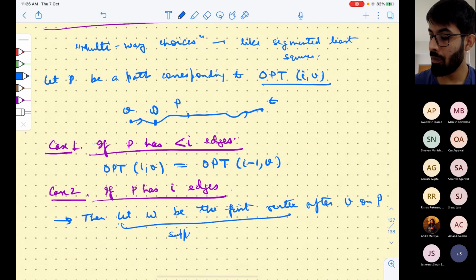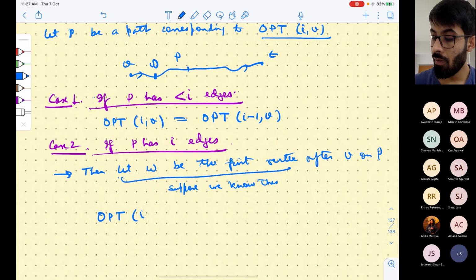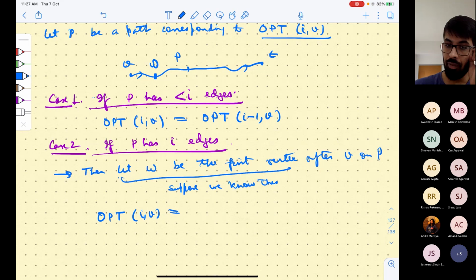Then can we write what it is? Cost of v comma w plus opt of i minus 1 comma w.